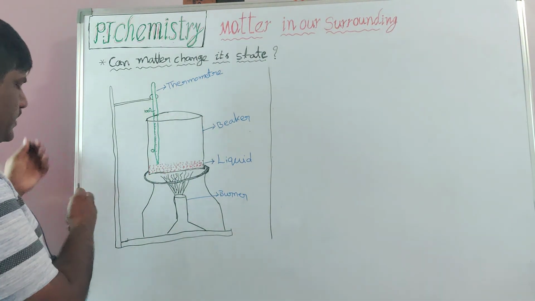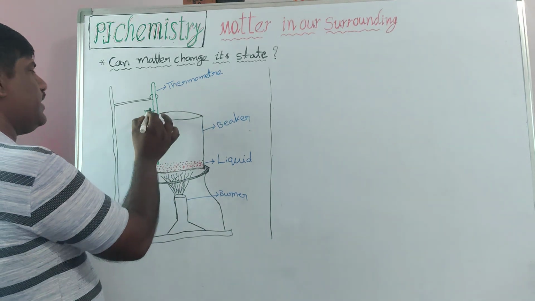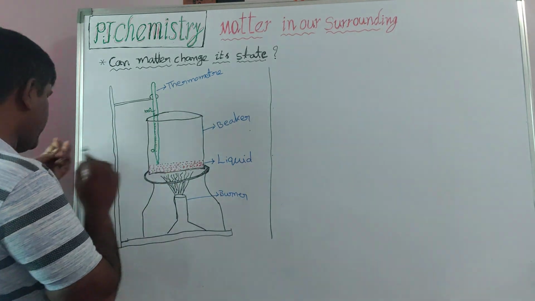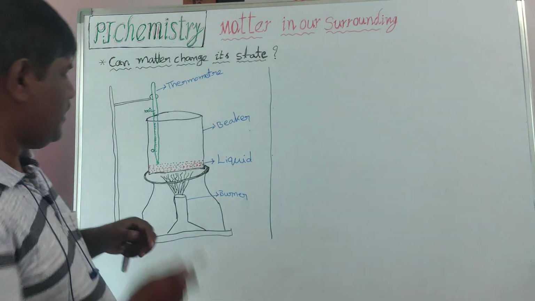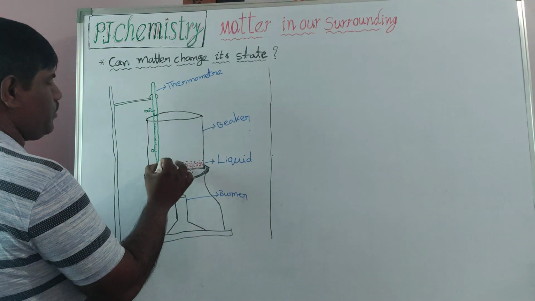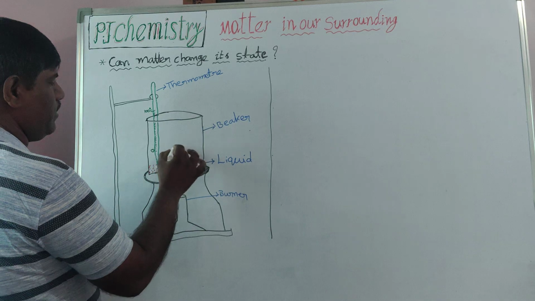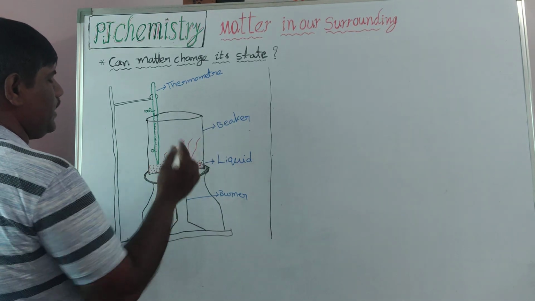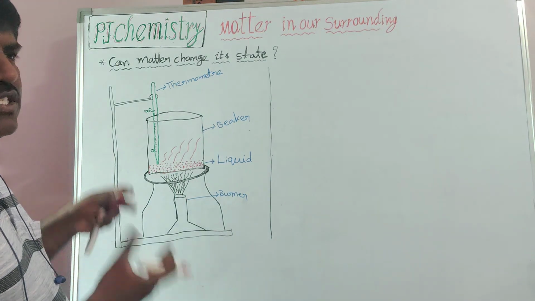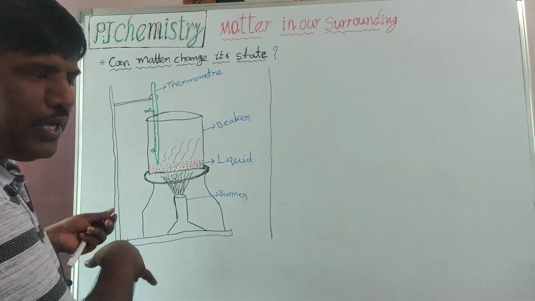Once the temperature rises to 100 degrees Celsius, at that time we notice the water started to evaporate. That means initially the solid converted to liquid at 0 degrees Celsius, which we call the melting point.